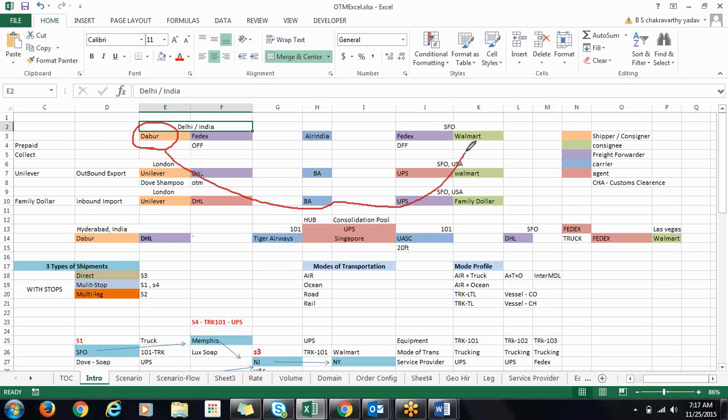Let's take Dabur Chyawanprash, which I would like to transport from the Delhi manufacturing unit to Walmart, where we are assuming that Walmart is a departmental store in the USA catering to the Indian community for some of the products sold there. So Dabur as a manufacturing company would like to transport its cargo, specifically Dabur Chyawanprash or Dabur Honey, to the USA, specifically to the Walmart distribution center.